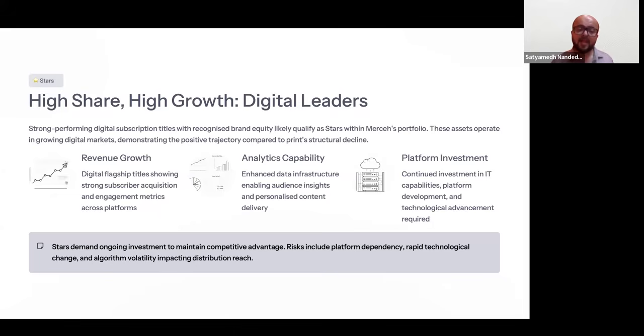Your star category is high share in a high growth market, right? These are digital leaders, the new innovative, not necessarily innovative, but magazines on the digital front which have the capability to drive up revenue, where fixed costs are relatively more contained. You have better analytics capability, and the only effort or cost that you have to incur is on platform investment.